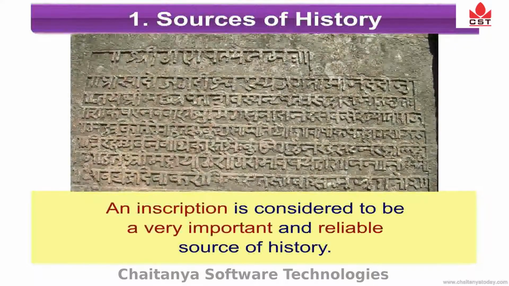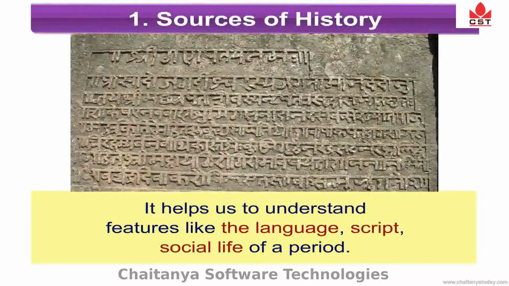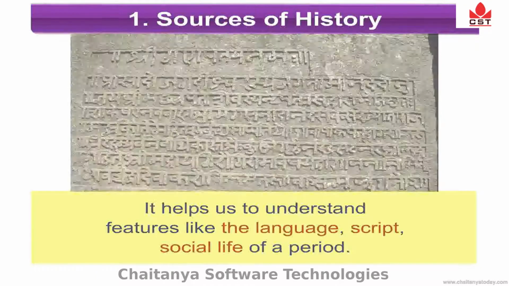An inscription is considered to be a very important and reliable source of history. It helps us to understand features like the language, script, and the social life of a period.